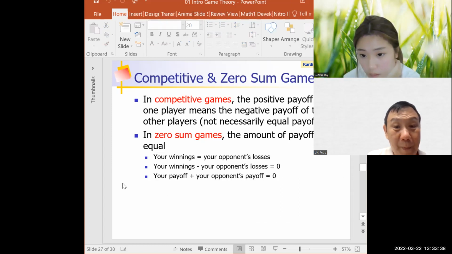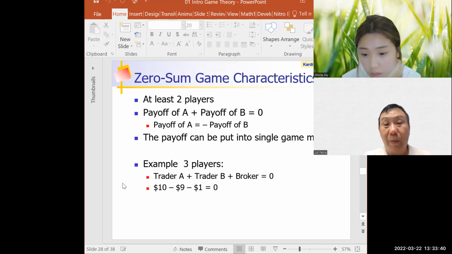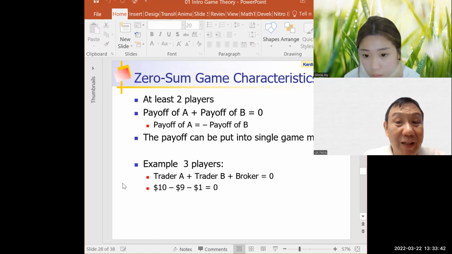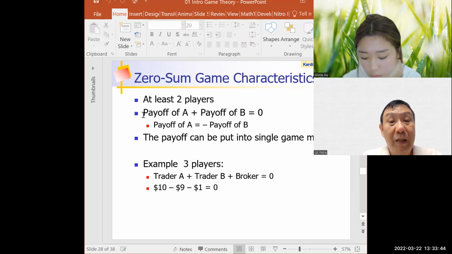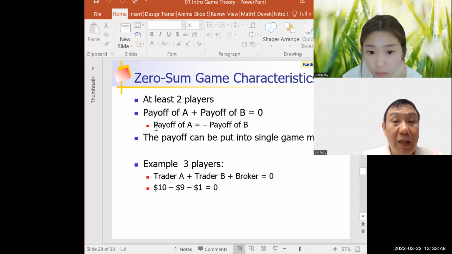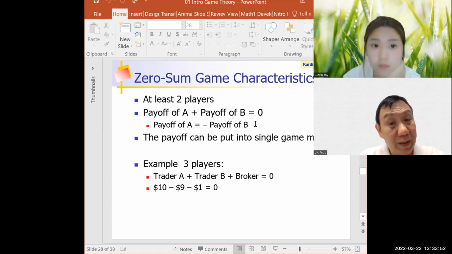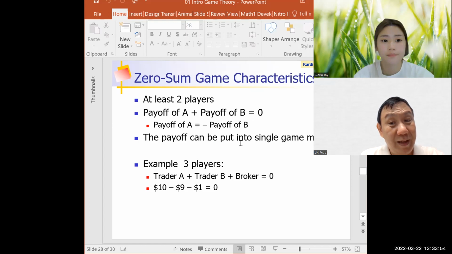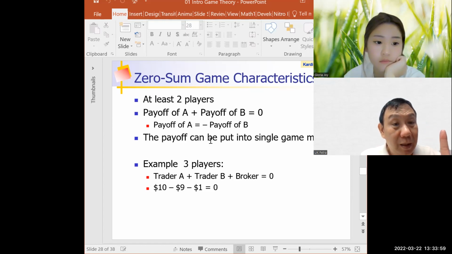In a zero-sum game, with at least 2 players, the total payoff is 0. That means the payoff of A equals the negative of the payoff of B. In that case, you can put this payoff into a single game matrix.